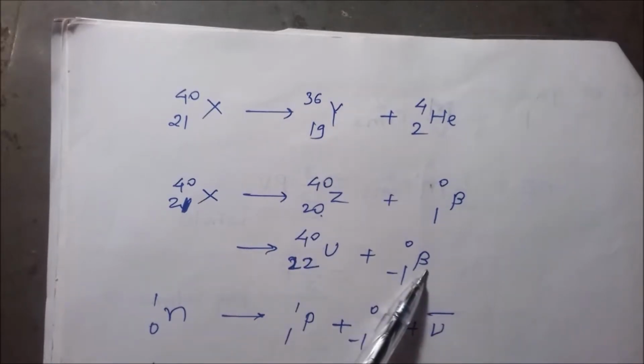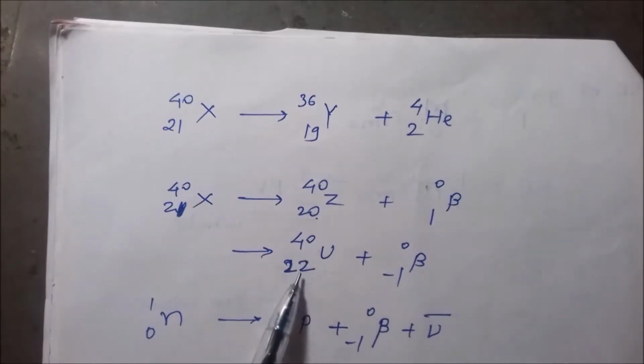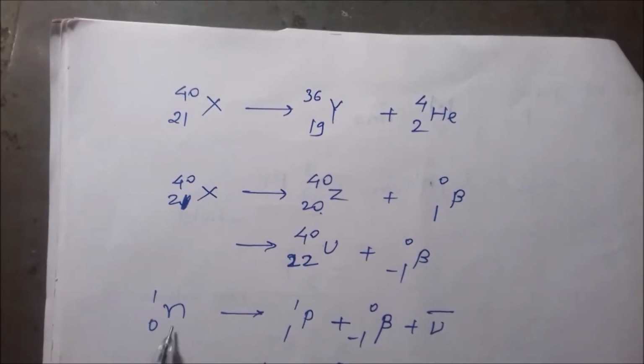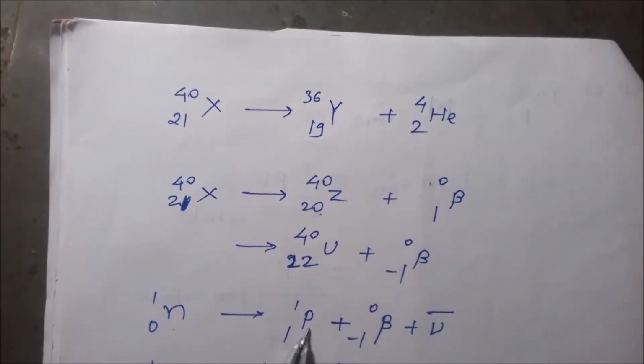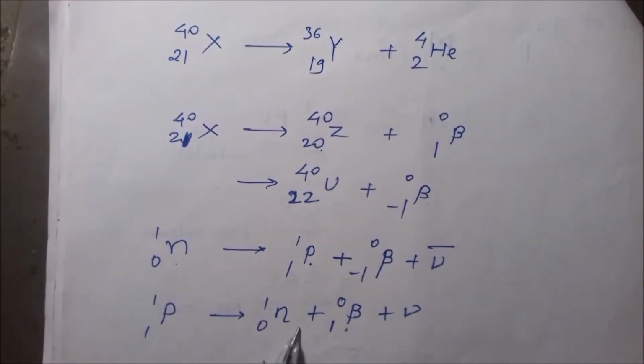When beta, the negative beta electron, is emitted, A remains the same, Z increases by 1. When an electron is emitted, a neutron is converted into a proton, and when a positron is emitted, a proton is converted into a neutron. This is antineutrino. Antineutrino is emitted with electron and neutrino is emitted with positron.